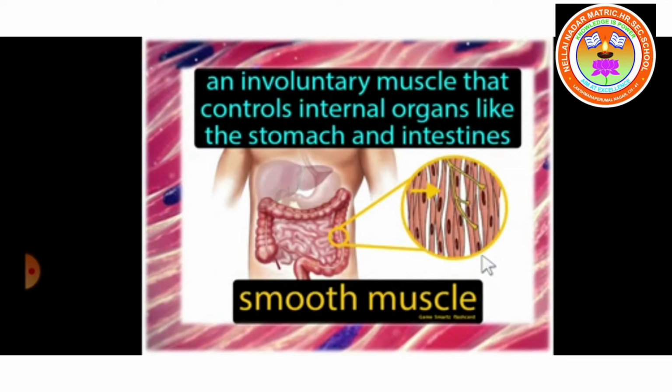An involuntary muscle controls the internal organs like the stomach and intestine. The walls of internal organs such as the blood vessels, gastric glands, intestinal villi and urinary bladder contain this type of smooth muscle.